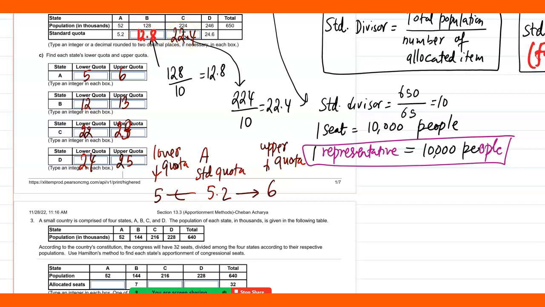Note here, always be careful. Standard quota is a decimal, but upper quota and lower quota have to be whole numbers because you round up or down to get the whole number. That's the lower and upper quota. Does that make sense?